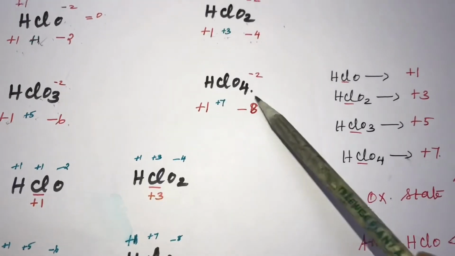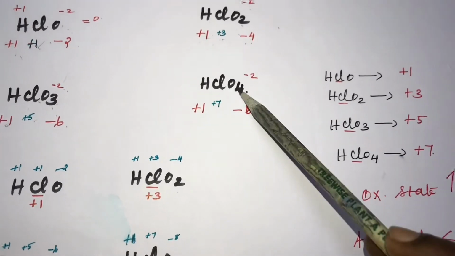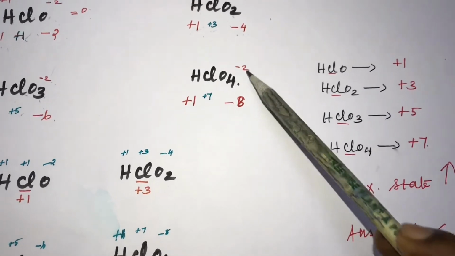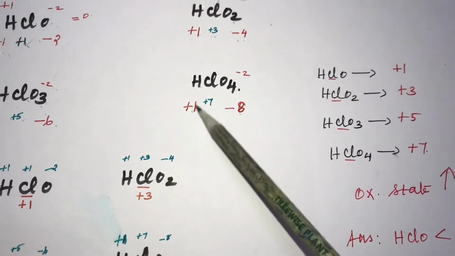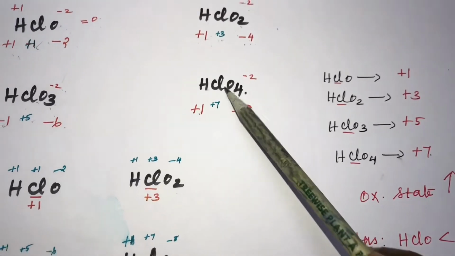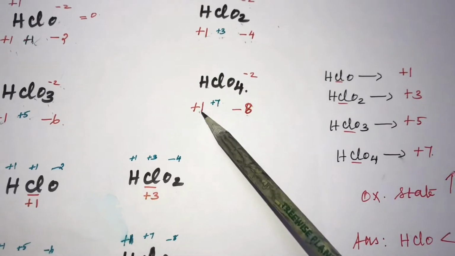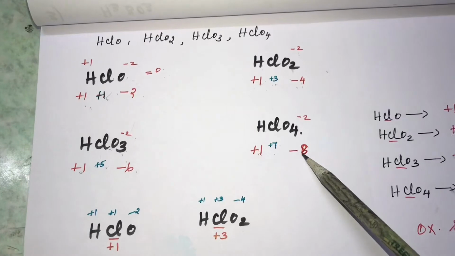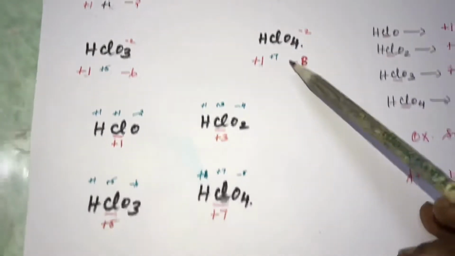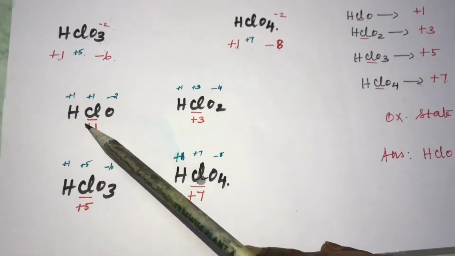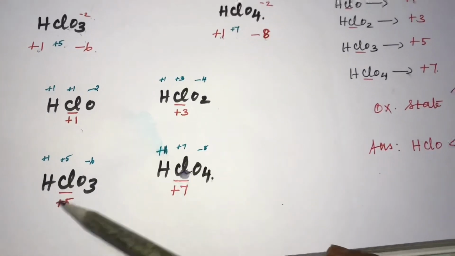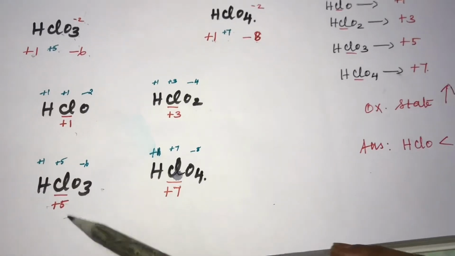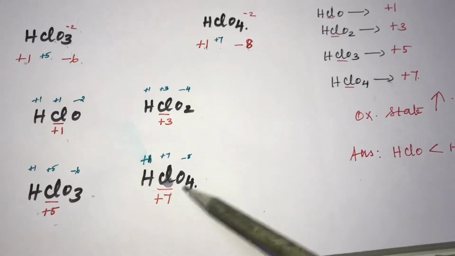HClO4: 4 oxygens into minus 2 is minus 8 oxidation state, hydrogen plus 1. So chlorine will be plus 7; plus 7 plus 1 is plus 8, and here it is minus 8. So the different oxidation states: HClO plus 1, HClO2 plus 3, HClO3 plus 5 and HClO4 plus 7.